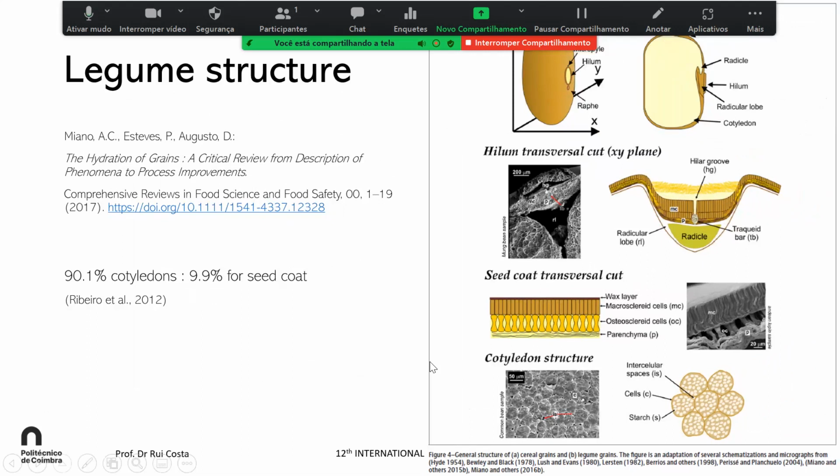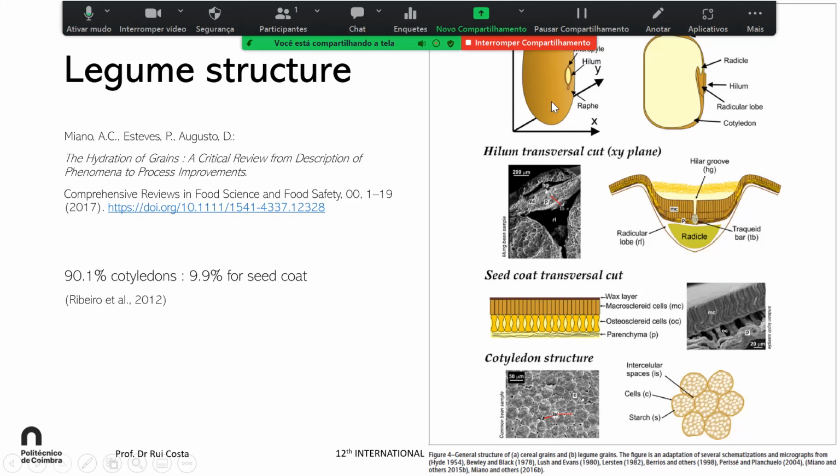Now let's look at the legume structure. Here is the image of a bean extracted from this paper from Miano and Augusto. So I already spoke about the seed coat and the cotyledons. The seed coat represents around 10% of the total weight, while the cotyledons represent the remaining 90%.